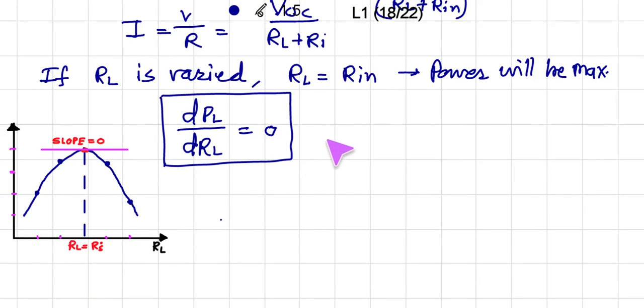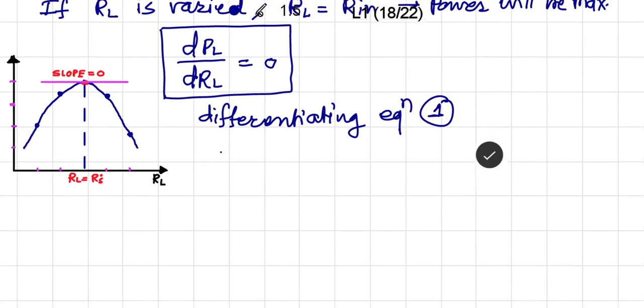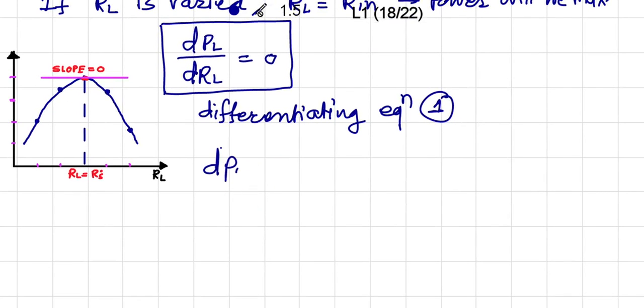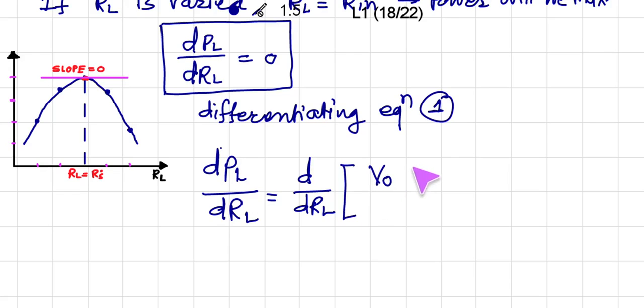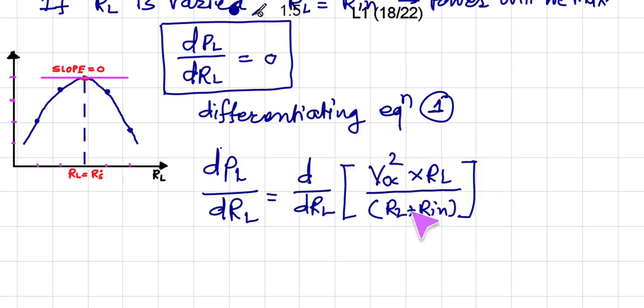Differentiating equation 1, we get dPL divided by dRL is equal to d of the power, that is VOC square into RL divided by (RL plus Rin) square.